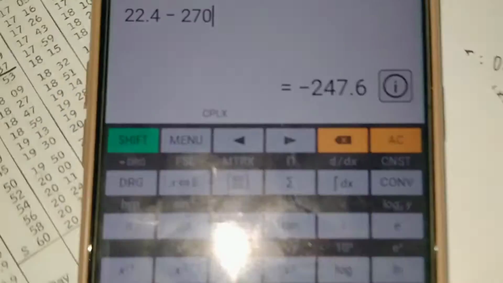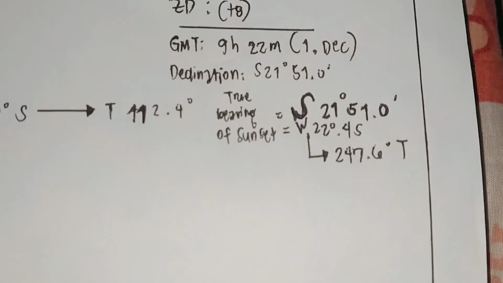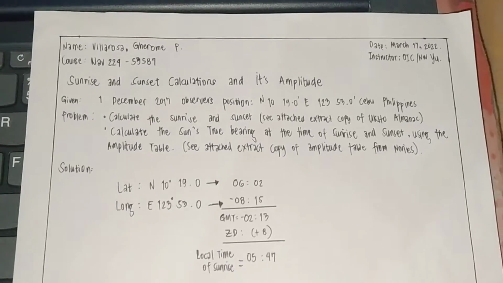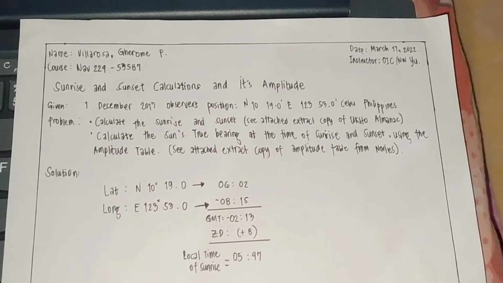Then you will get 247.6. So that is our true bearing of sunset, 247.6. So that is all for my explanation all about sunrise and sunset calculations and its amplitude.